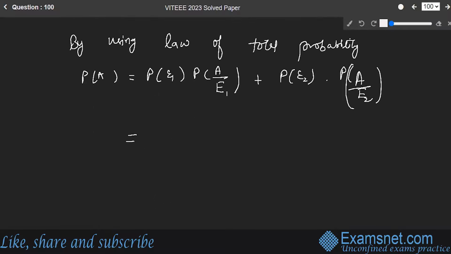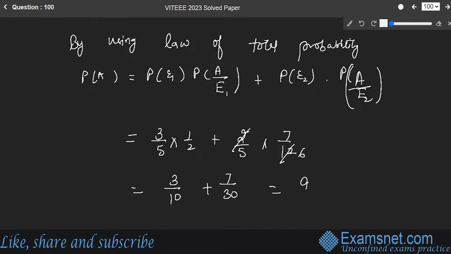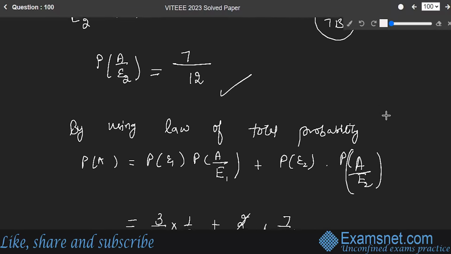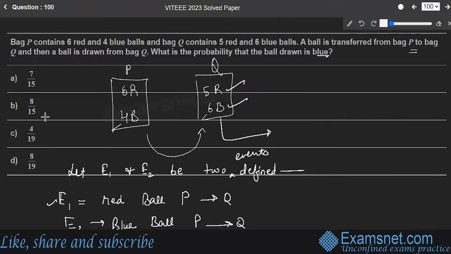So that is equal to 3 by 5 into 1 by 2 plus 2 by 5 into 7 by 12, which is equal to 3 by 10 plus 7 upon 30. So this is equal to 16 upon 30 or 8 upon 15. So 8 upon 15 is the correct answer. Option B is the answer.